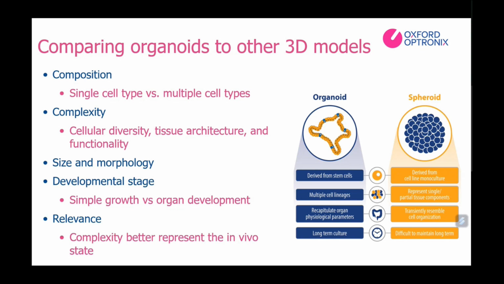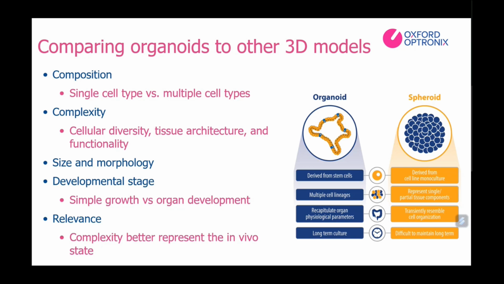Complexity: organoids are more complex structures that can recapitulate the cellular diversity, tissue architecture, and functionality of an organ, including the presence of multiple cell types and tissue organization similar to the in vivo organ. In contrast, colonies and spheroids are far simpler structures that typically lack the same complexity and tissue organization.